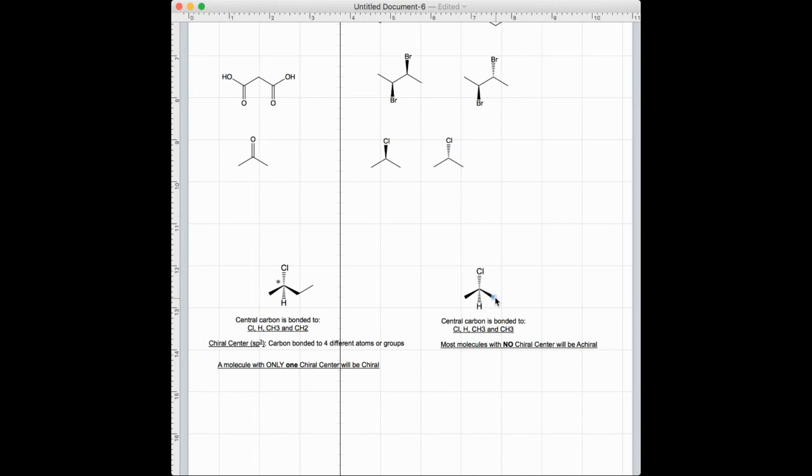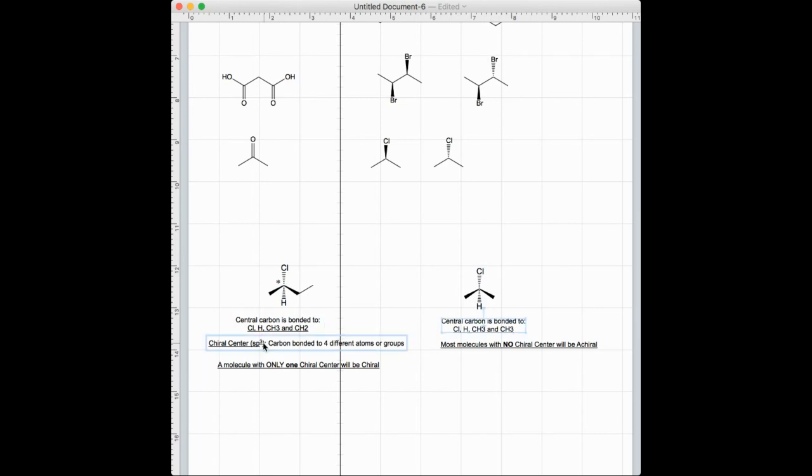If you want to determine if a molecule is chiral or not, you should look for center of symmetry or chiral centers in the molecule. If there is only one, the molecule will be chiral. If there is none, the molecule will be achiral.